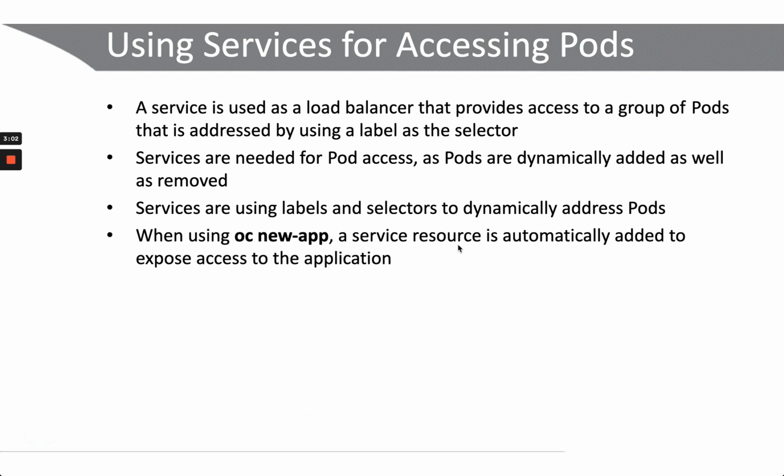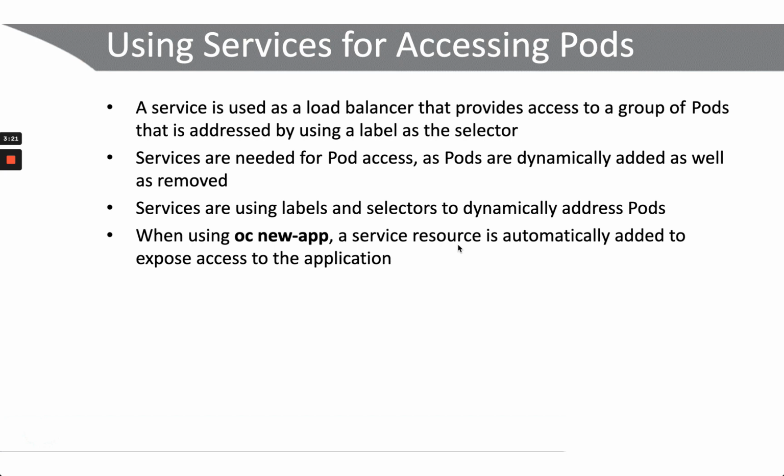And then let me use oc describe on the service nginx. Then what do we see? We see that the service has a label. The label is app=nginx, and it has a selector, and the selector is deployment=nginx.